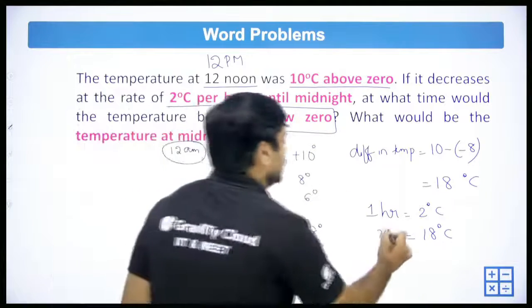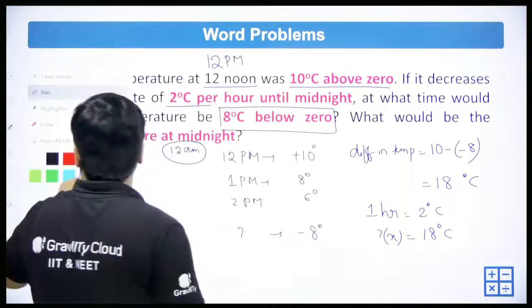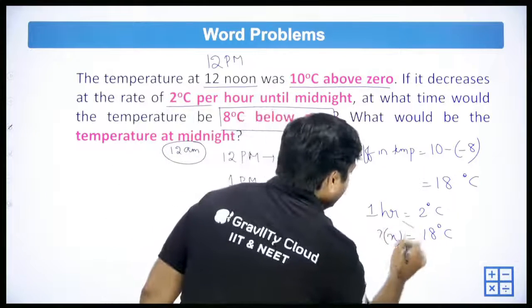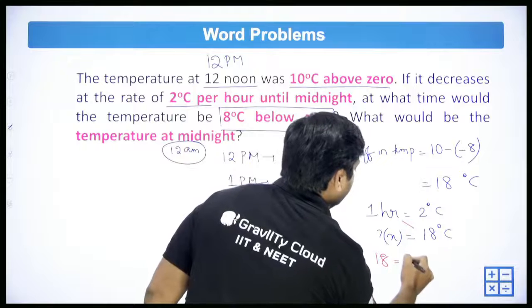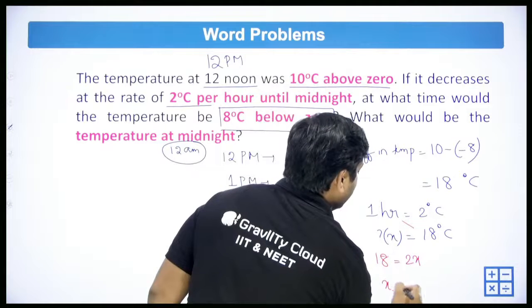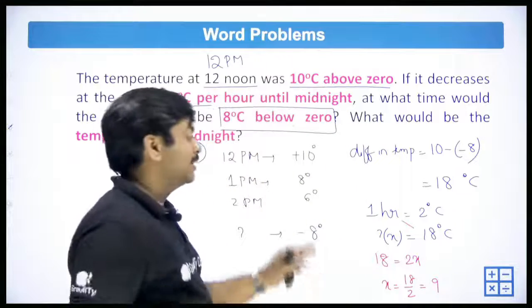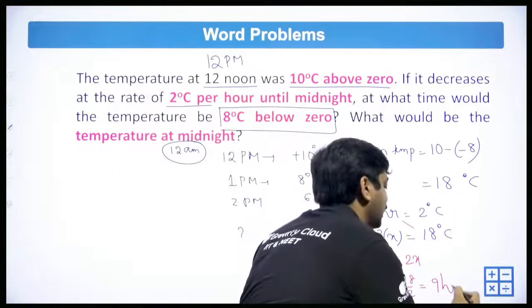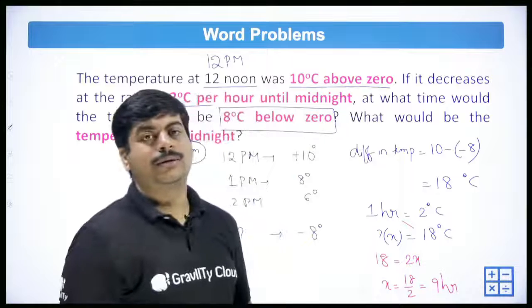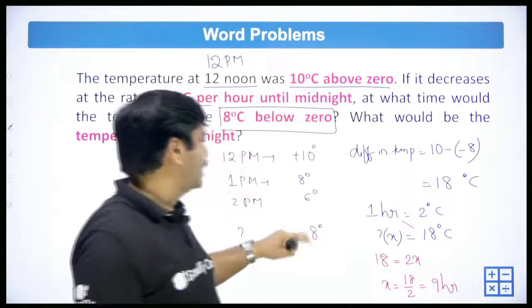If you're confused, just take it as x and cross multiply. So 1 into 18 is equal to 2 into x. From here we get x is equal to 18 by 2, which is 9 hours. It takes 9 hours to reach minus 8.